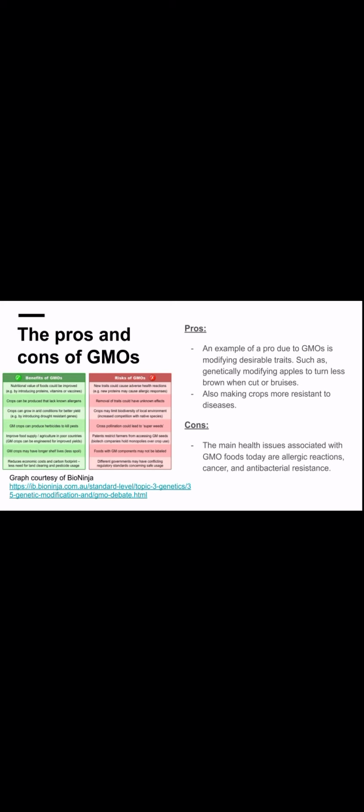There are three main health issues when discussing genetically modified organisms. They are allergic reactions, cancer, and antibacterial resistance. I will discuss more about the three significant health issues and impacts of genetically modified organisms on the human body in the next slide.